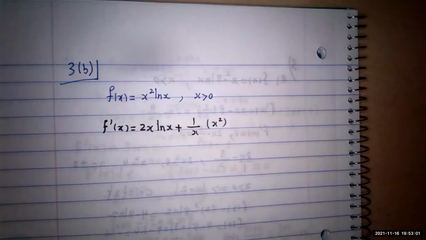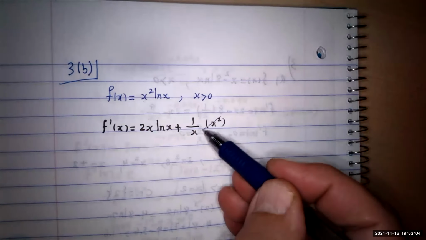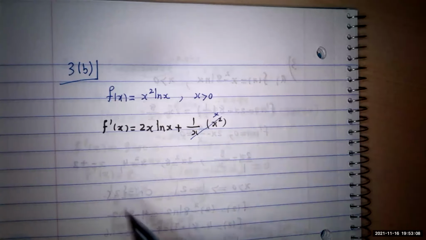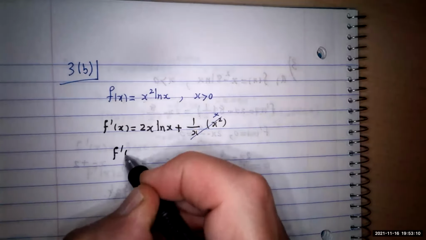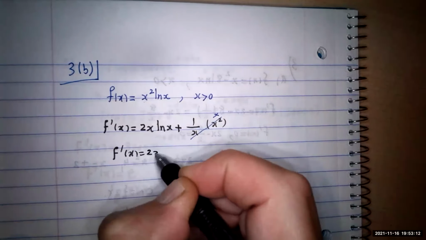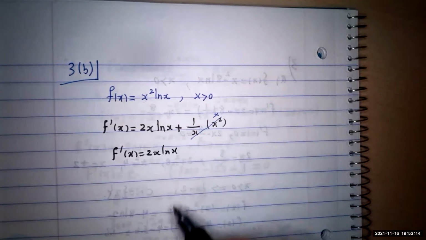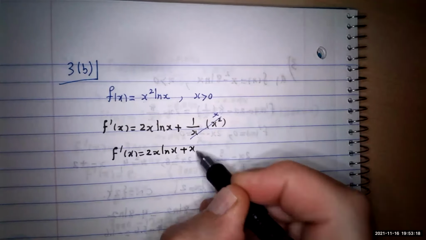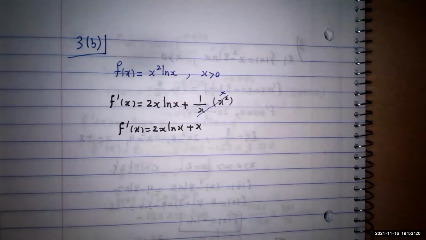But you get a chance to simplify, so that gives only x. So the derivative would be f prime of x equal to 2x ln x plus x. So that would be the derivative of your function. Okay, any question?